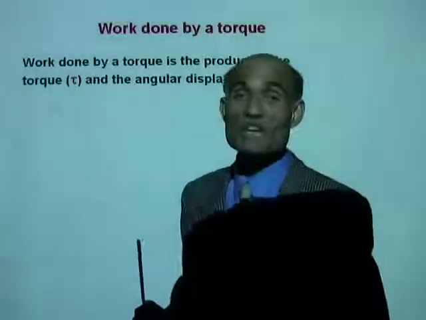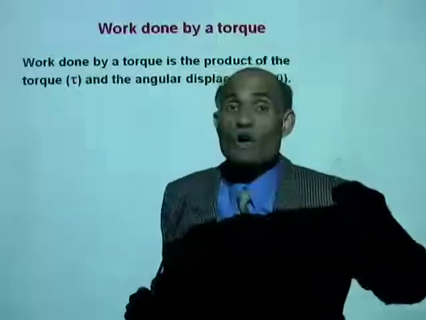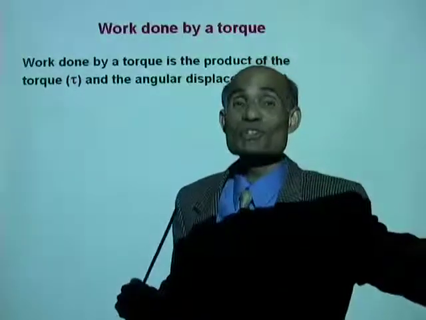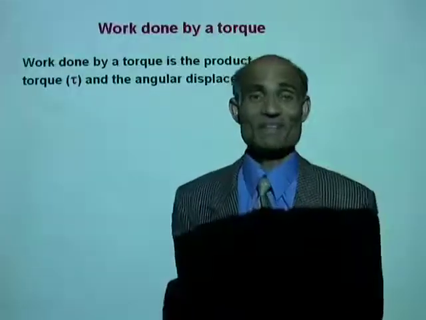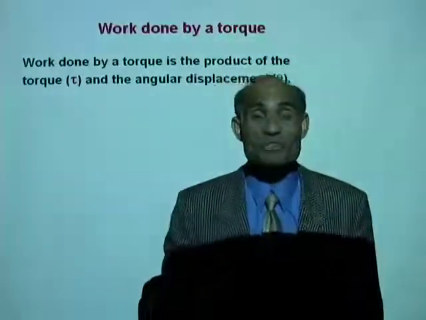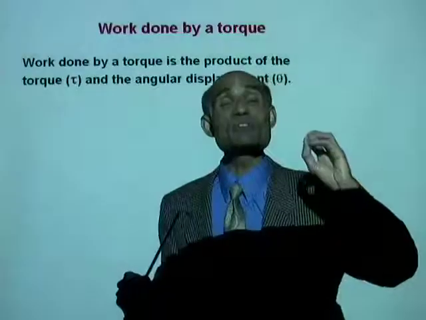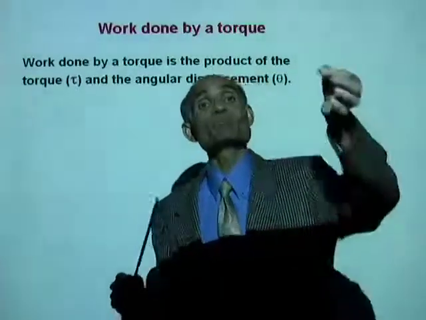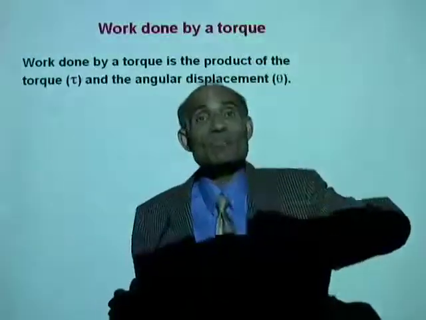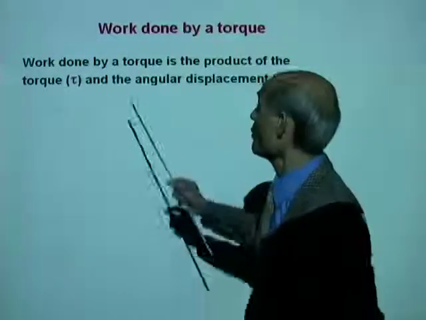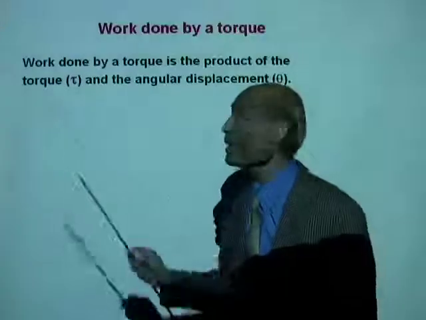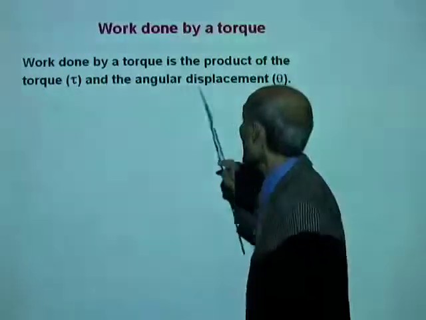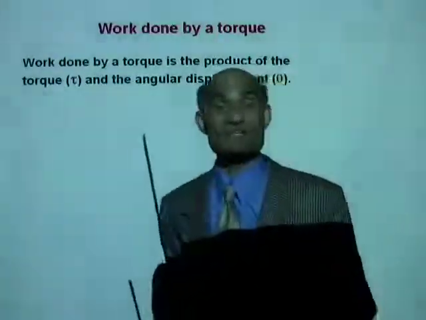You see, in the case of linear motion, work is done by a force when it produces a linear displacement. In rotational motion, work is done by a torque when it produces an angular displacement. So, work done by a torque is the product of the torque and the angular displacement.